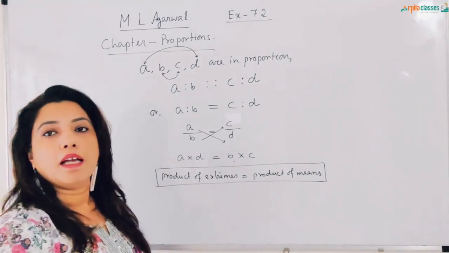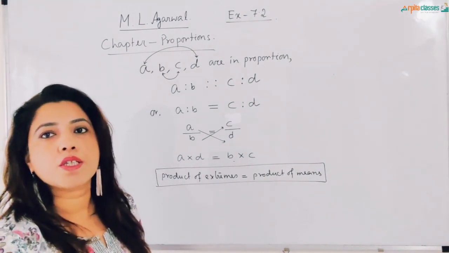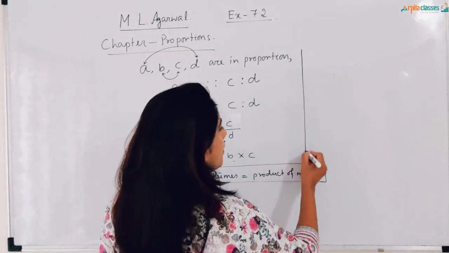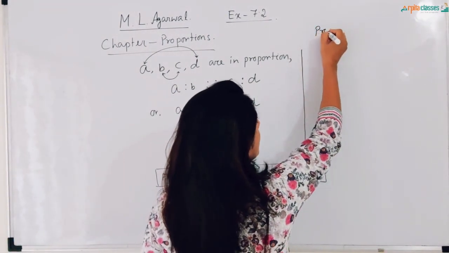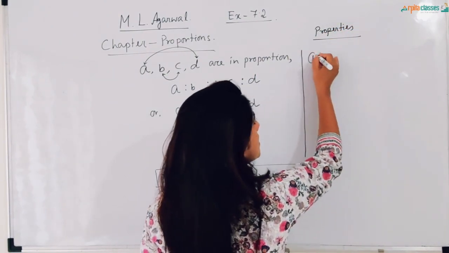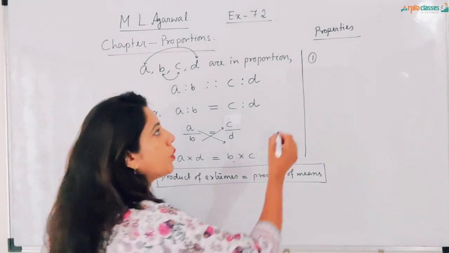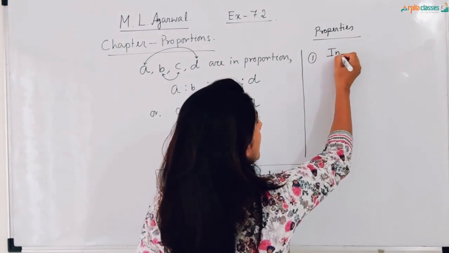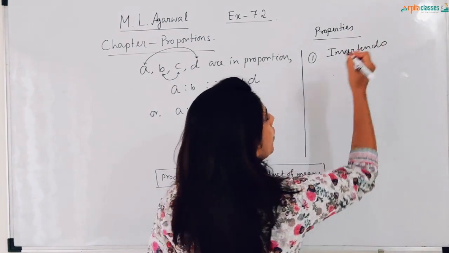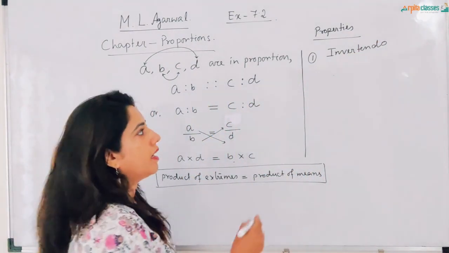Also, we have some properties of proportion. I'll just write down the properties over here. The first property is known as invertendo. What does it mean?